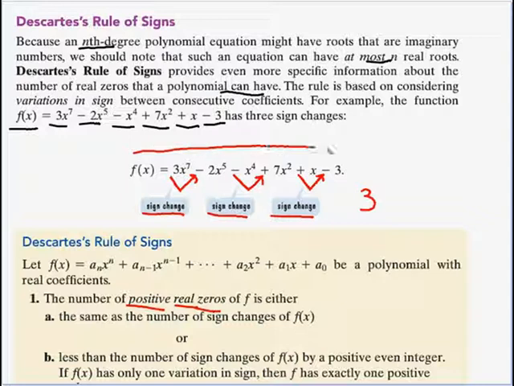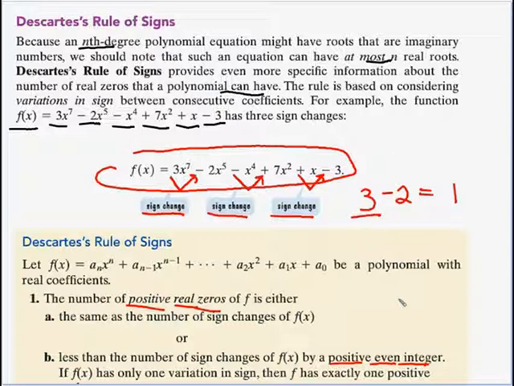So this polynomial at most can have 3 positive real zeros or a positive integer less than that. So what's 3 minus 2? 1. Yes, 3 minus 2, because it was less than the number of sign changes by a positive even integer. So you just keep subtracting 2's out until you can't go any lower.